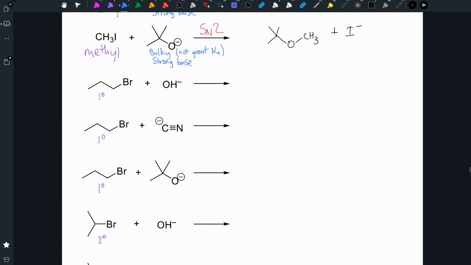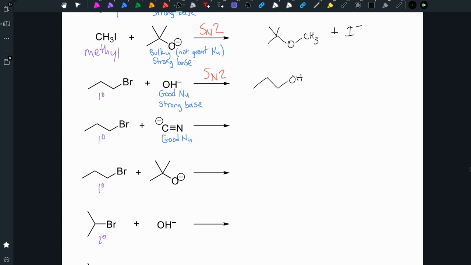So for the next one, my next three are primary halides. In each case, primary halides, I'm leaning towards SN2, as long as I have a good nucleophile, which I do in these first two cases. My first one, OH minus, is a good nucleophile and a strong base. So maybe there would be a little bit of E2, but I'm still thinking mostly SN2 in this case.